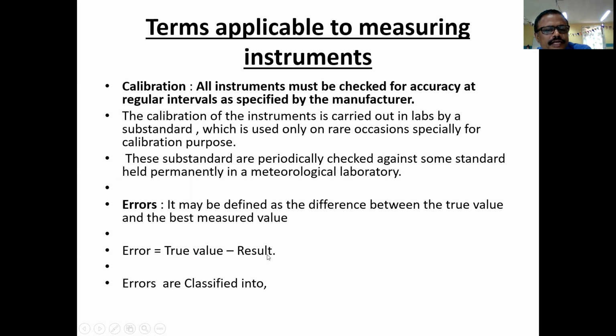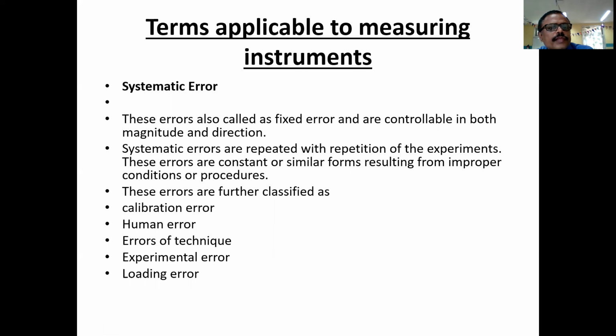So if a difference exists, then we say that there is error in the measuring instrument or in the measurement process. So the difference between true value and actual value can be called error. There are many reasons for errors. For academic purposes, they are classified into systematic errors.